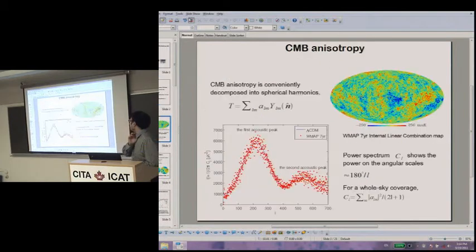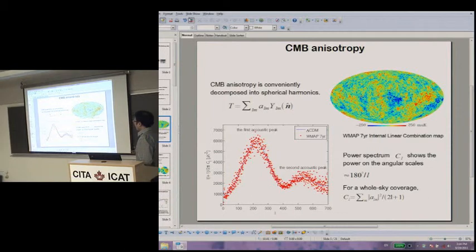So here, this is the famous WMAP CMB map. When you have this CMB map, you usually decompose it into spherical harmonics. This spherical harmonic decomposition is like the analog of a Fourier transformation on a two-dimensional sphere. And when you have this decomposition, you can compute the angular power spectrum.